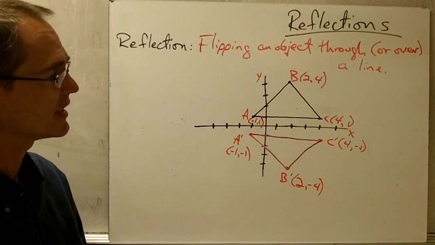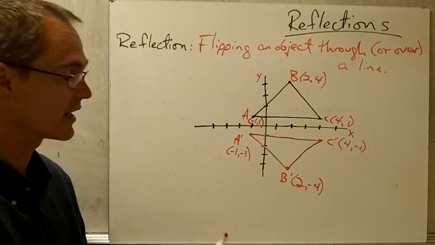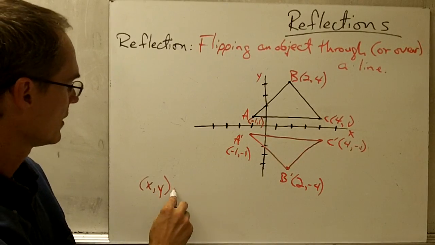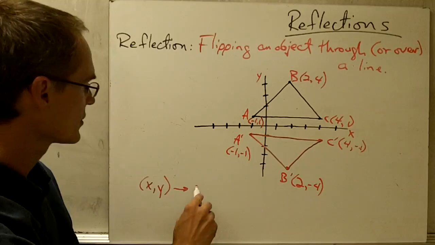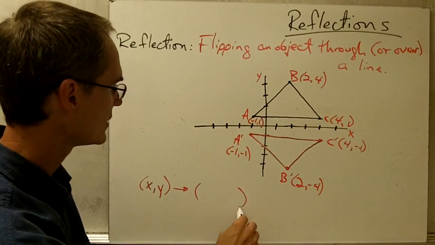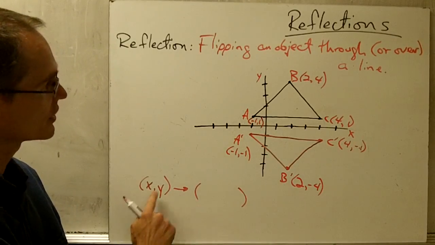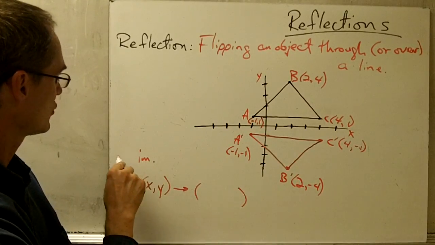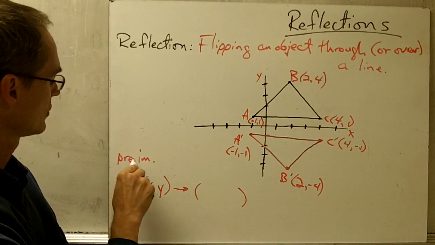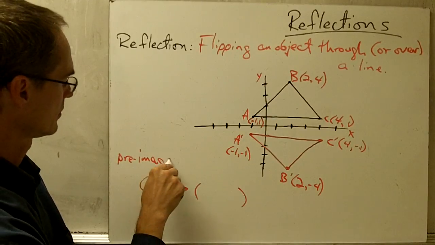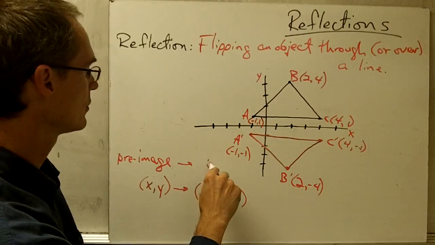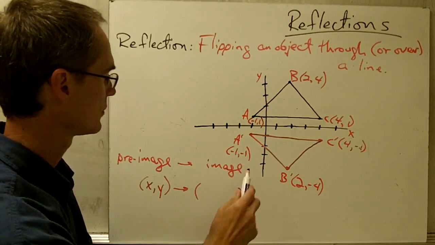Now, if I want to come up with the algebraic rule for this reflection that I just did, remember the algebraic rule just tells me, using algebraic symbols, what I need to do to each coordinate of my pre-image in order to transform it into my image.